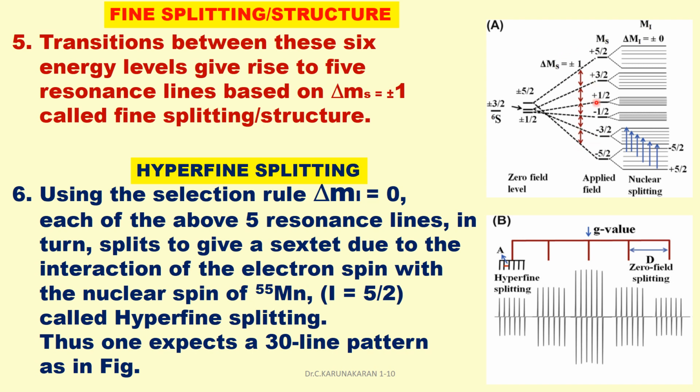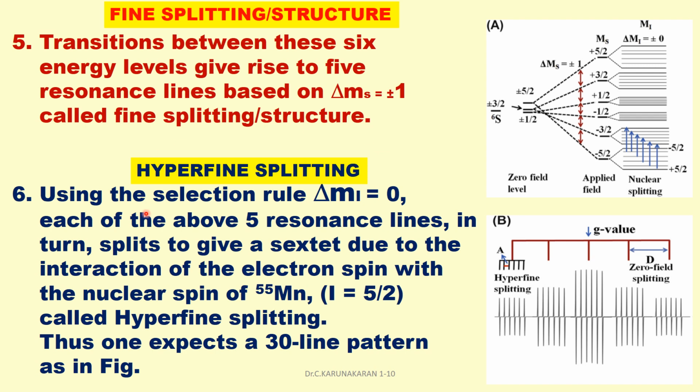This set of 5 lines, 1, 2, 3, 4, 5, observed in the EPR spectrum of manganese 2 is called fine splitting.